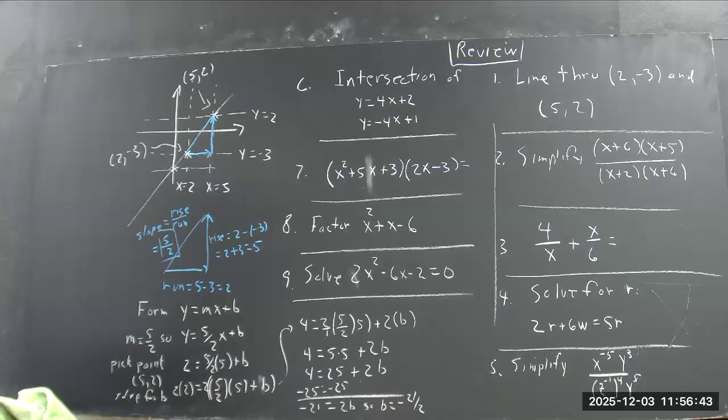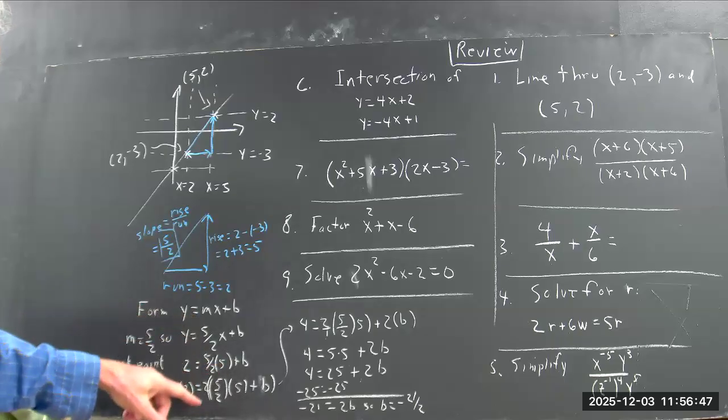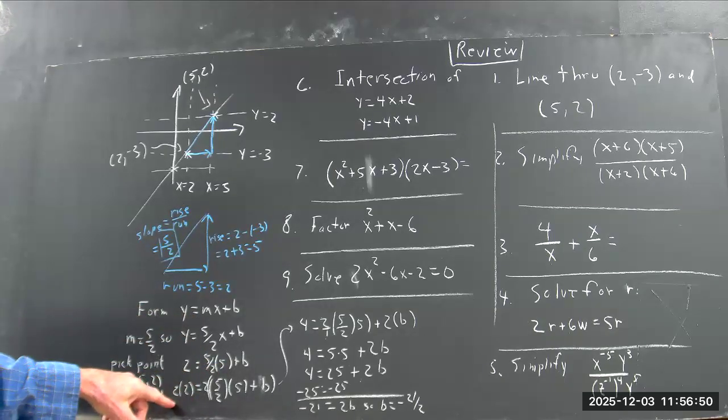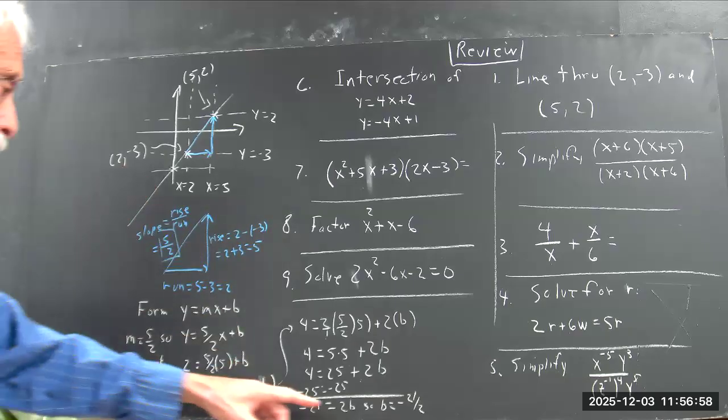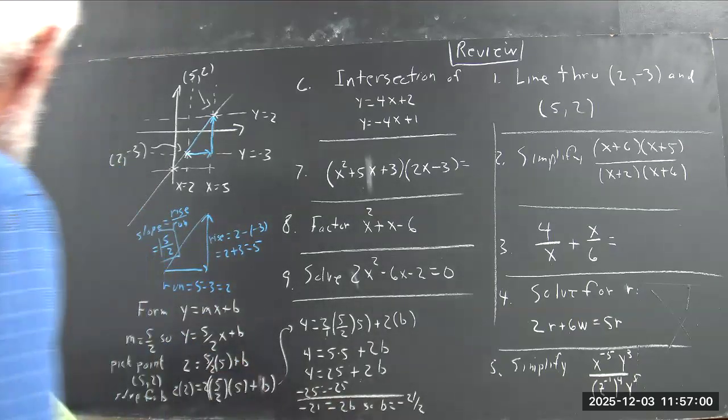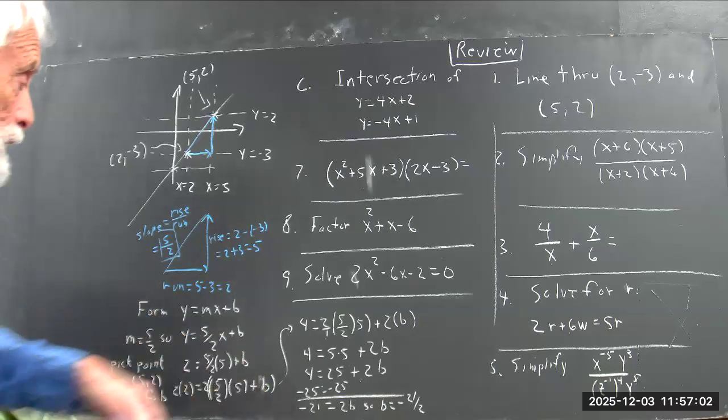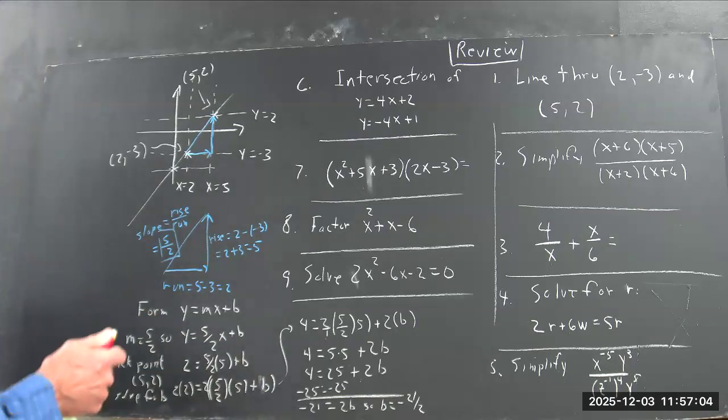We do have the point 5,2. So we put in 5 for x, and this is what we get. Put in 2 for y, we get this. I don't like this solution. I don't see what's wrong with it, but work it out and see if you can fix it.